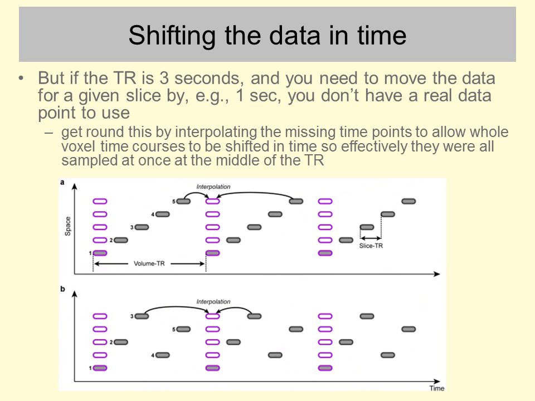Now, this diagram attempts to illustrate the process. In this graph you've got space on the y-axis, so each row is a slice in your image. That's the bottom slice, and that's the top slice in the brain in this example, and you've got time on the x-axis.